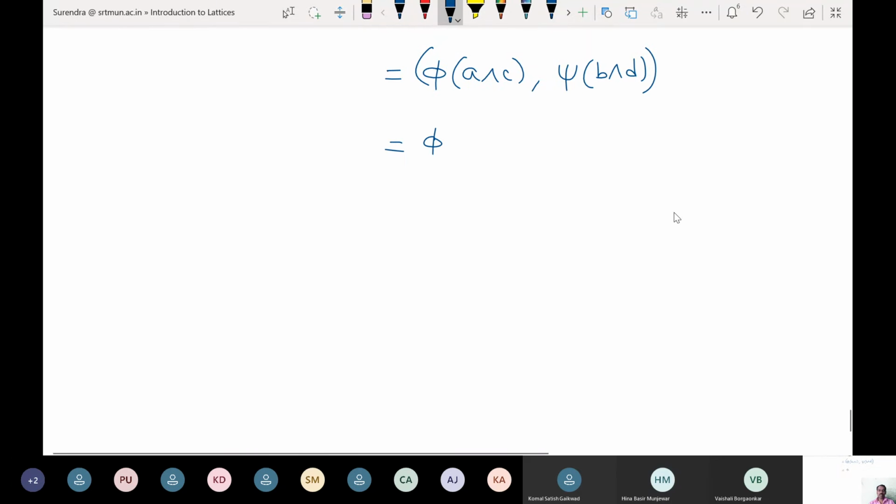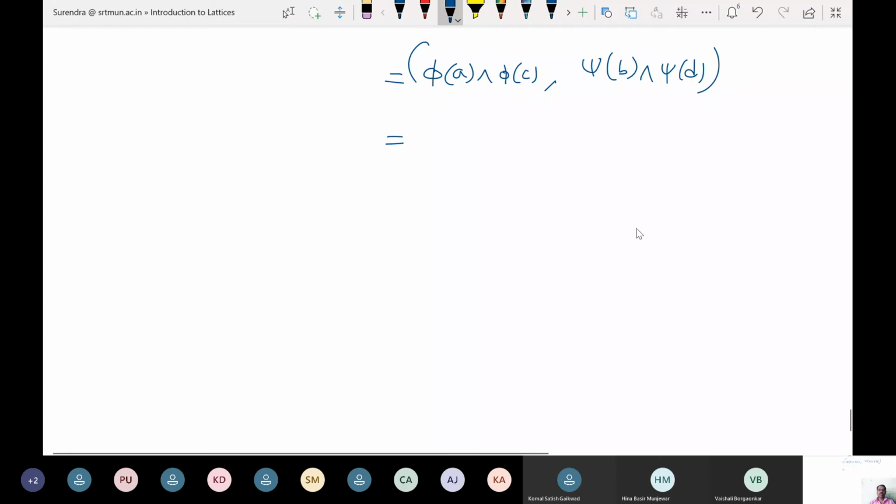Therefore this is the same as phi of A meet phi of C, and then psi of B meet psi of D. Now these are coordinates having meet, so I can take the meet outside. So this is the same as (phi of A, psi of B) meet (phi of C, psi of D). Is this clear?